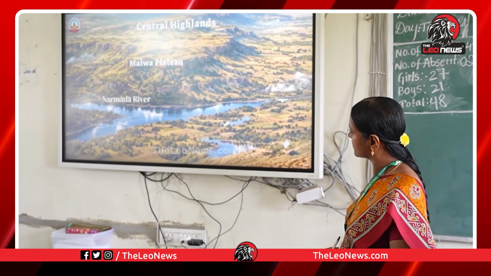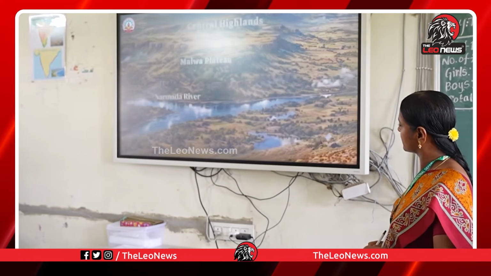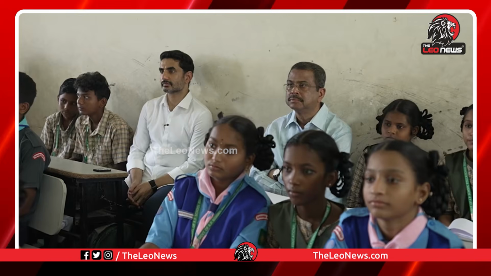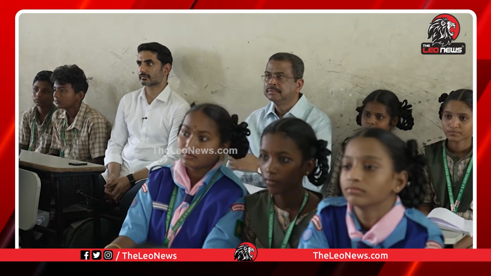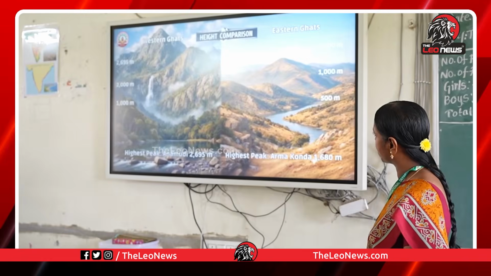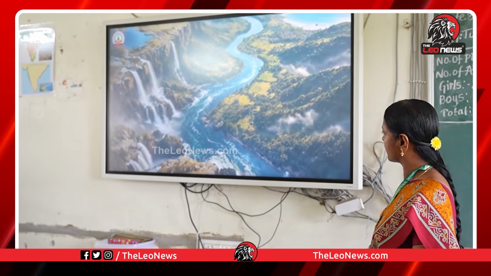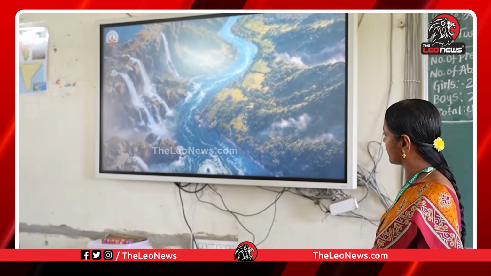Deccan Plateau, south of the Narmada, forms a triangle bounded by the Satpura, Western Ghats and Eastern Ghats. The Western Ghats are tall and steep, while the Eastern Ghats are lower and more spread out. Many rivers like Godavari, Krishna and Kaveri start here and flow eastwards.